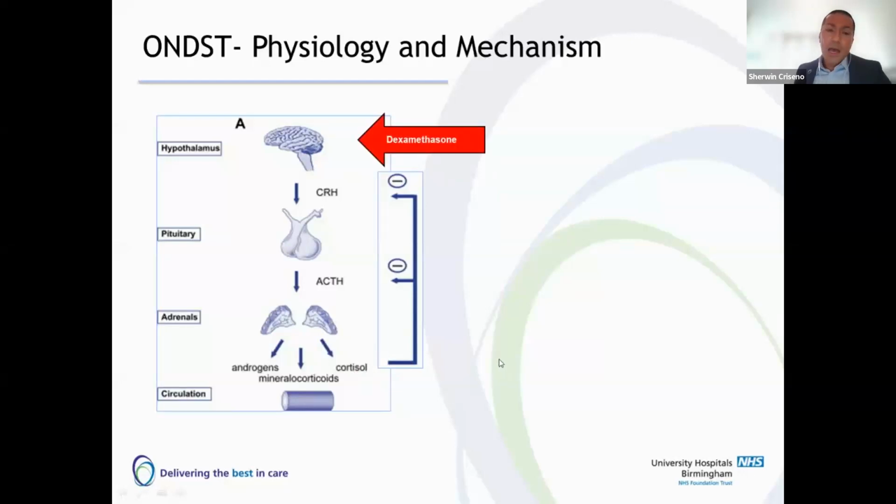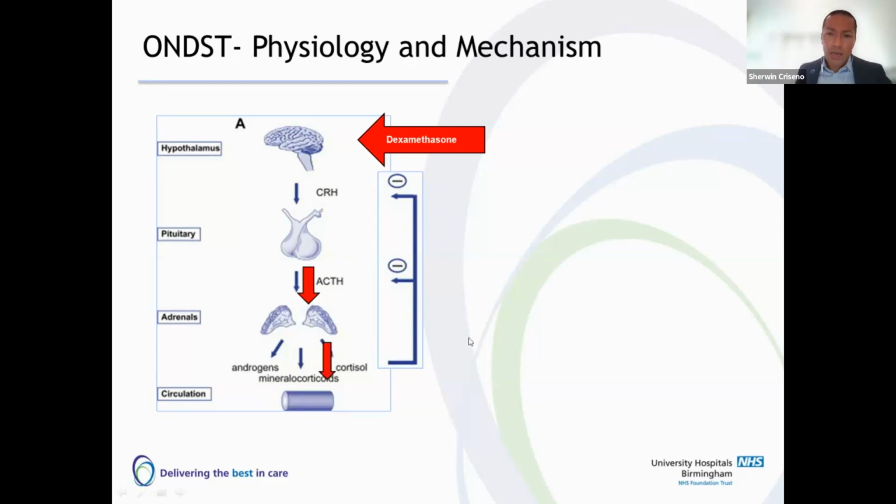So what do we do in the overnight dexamethasone suppression test? When we give a supraphysiologic dose of steroids, such as dexamethasone, meaning a high dose of steroid, that negative feedback will kick in. The hypothalamus will sense a high concentration of glucocorticoid and not release much CRH, so there is less stimulation of the pituitary gland, less release of ACTH, and therefore very low cortisol.